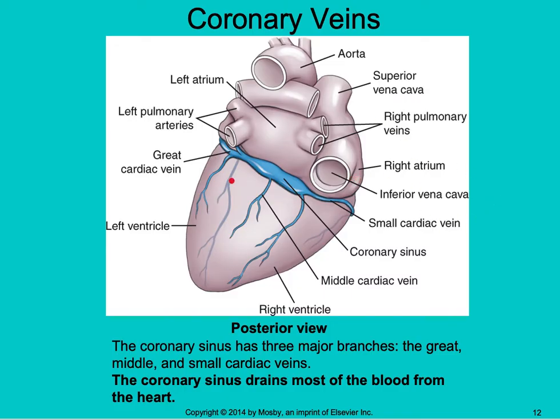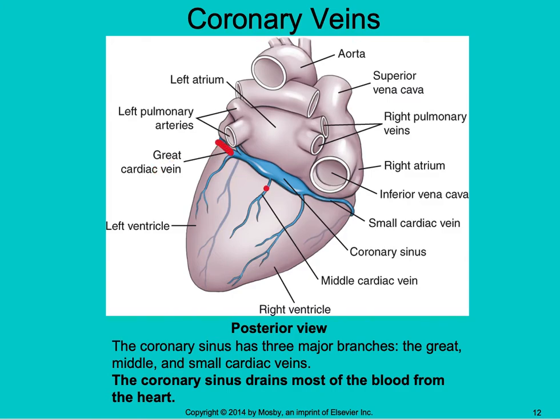So if you get blood to the heart, you have to have blood coming back from the heart, okay? So the coronary sinus has three major branches, the great, middle, and small cardiac veins, okay? So here's the middle, here's the small, and here's the great cardiac veins.